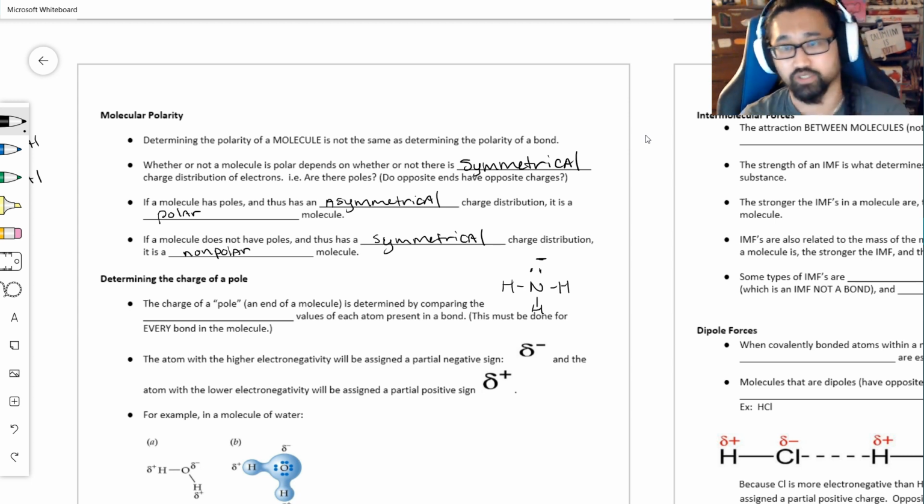Electrons are negatively charged. Those electrons are not shielded. They're not in between two things. They're just hanging out on the outside. That side is a little negative and the other side is a little positive. So it has poles, a negative and a positive pole.